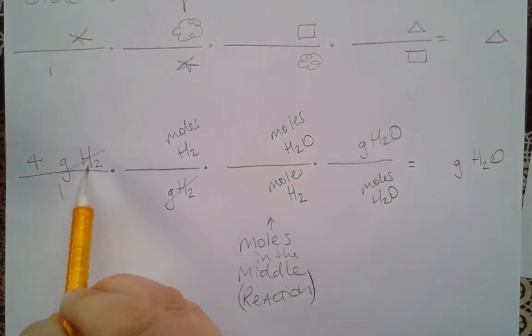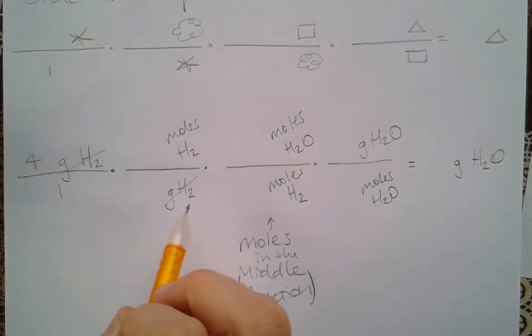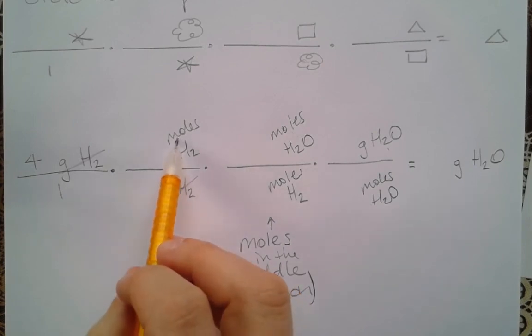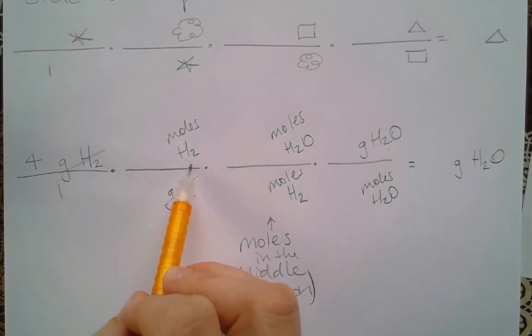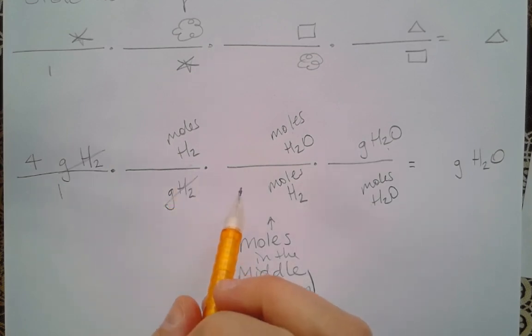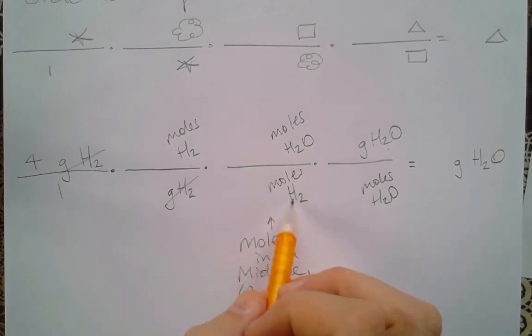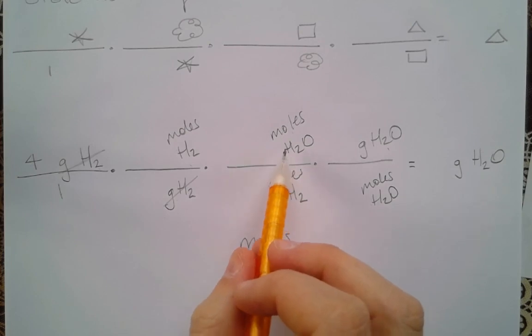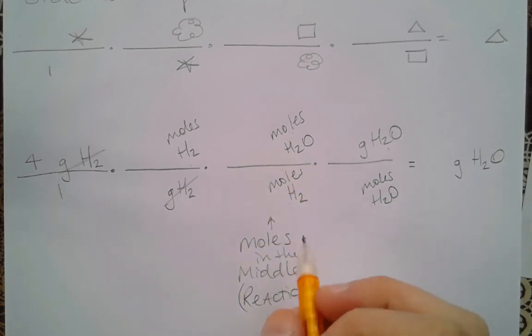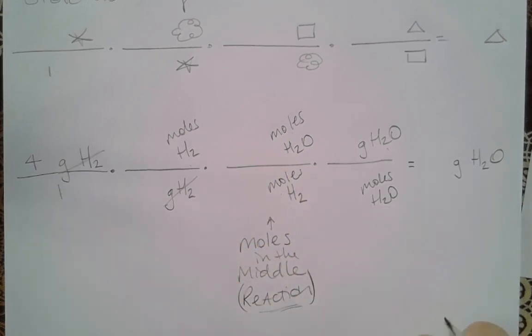So it's grams of your starting thing converting to moles of your starting thing. So your starting compound is still H2. And the moles of your starting thing are going to react to form, or, here's your reaction step. You're comparing two things that are both in your reaction.